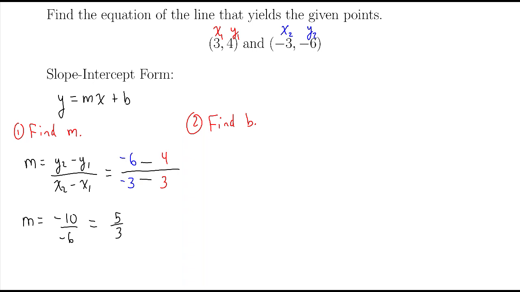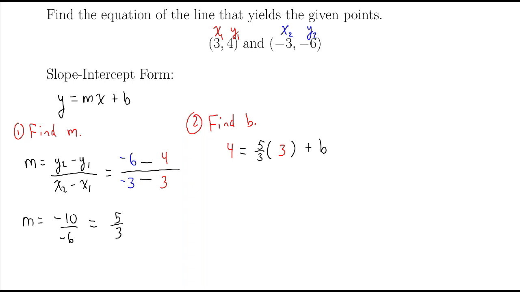Y equals mx plus b. Well, y in this ordered pair is 4, equals m is 5/3, times x in that ordered pair is 3, plus b. Notice we have an equation now with only one unknown, so we can solve for b. 5/3 times 3: if you have a number on the bottom of a fraction, you're dividing by that number.